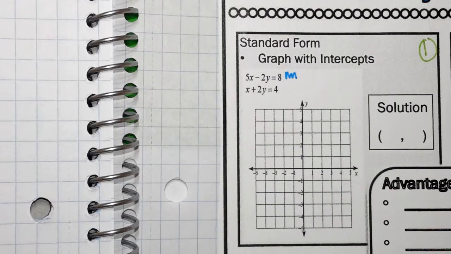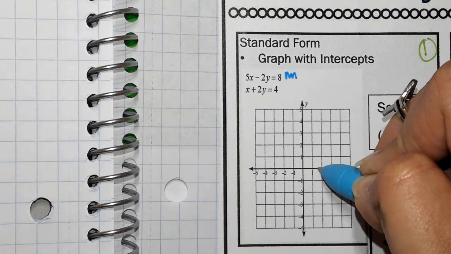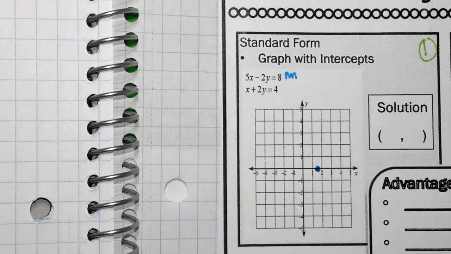Our x-intercept was 1.6, so we go right 1 and then past it. Put the dot on the line. Let me zoom in and then I'll move it.